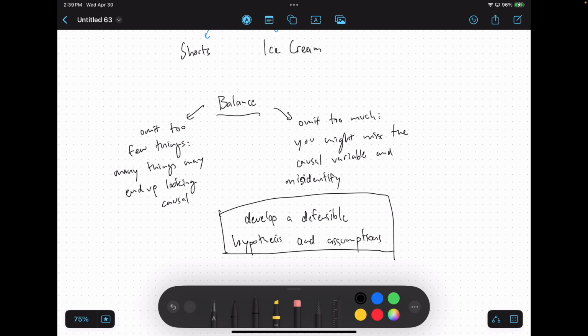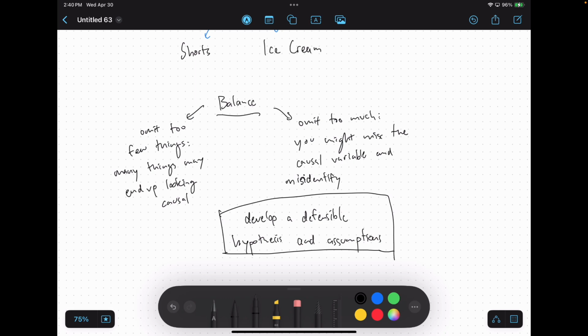Really, when you see economists talking about and defending the idea of a causal relationship being identified, it's usually centered around the initial hypotheses and assumptions being made to structure a model.